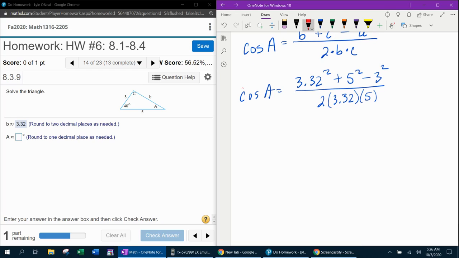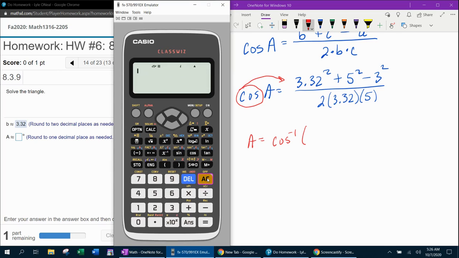Time for the calculator. I need to calculate that fraction out to a decimal. I'm also going to bring the cosine over, which will make it inverse cosine of whatever I get from my button pushing. All right, here we go as a fraction: 3.32 squared plus 5 squared minus 3 squared all over 2 times 3.32 times 5.